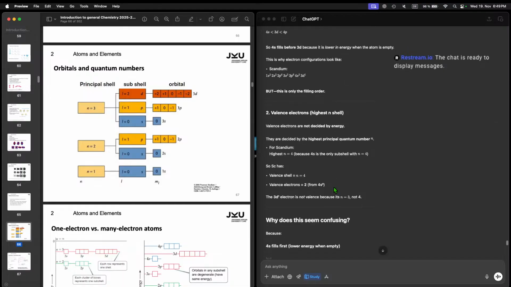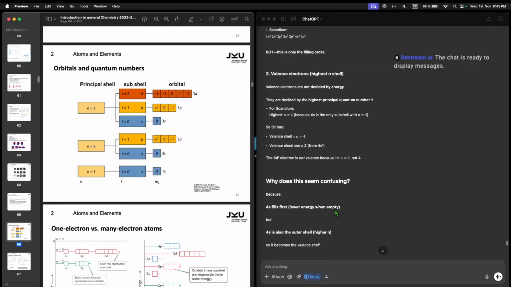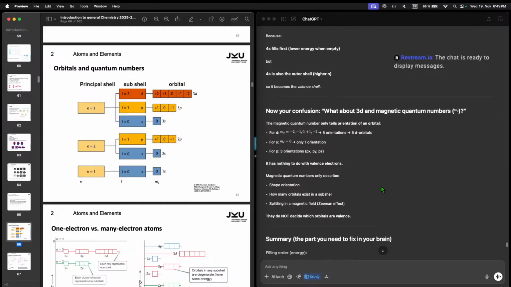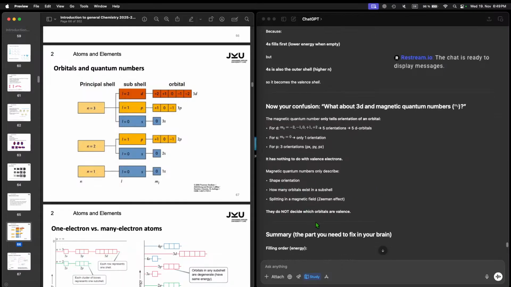Because 4s fills first. Oh, okay, magnetic quantum numbers only describe the orientation. Okay.